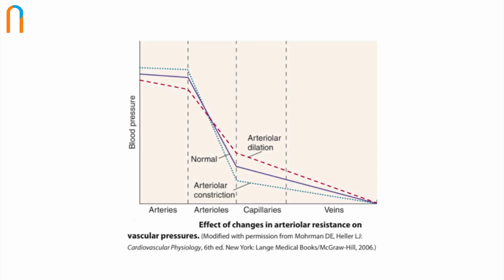Arteriolar constriction causes a greater decrease in pressure across the arterioles, and this tends to increase the arterial pressure while it decreases the pressure in capillaries and veins. Conversely, increased organ blood flow caused by arteriolar dilatation is accompanied by decreased arterial pressure and increased capillary pressure.